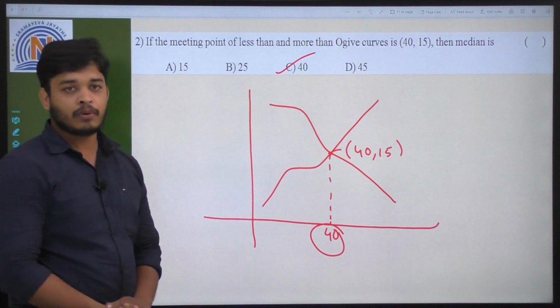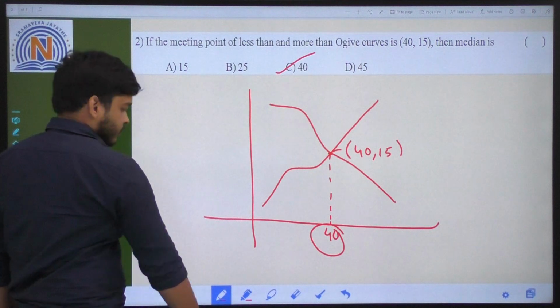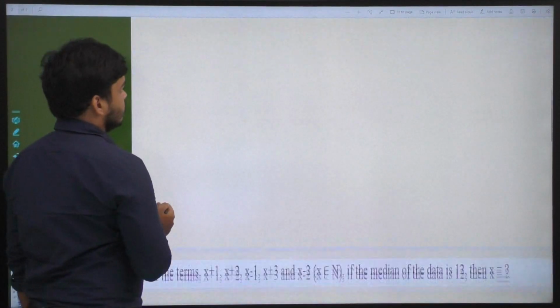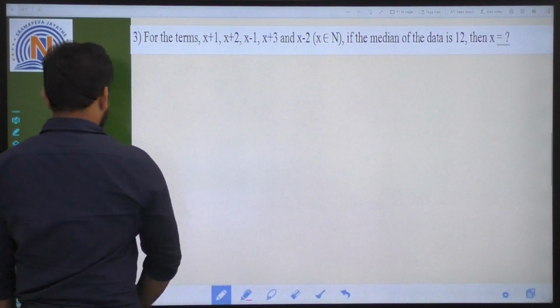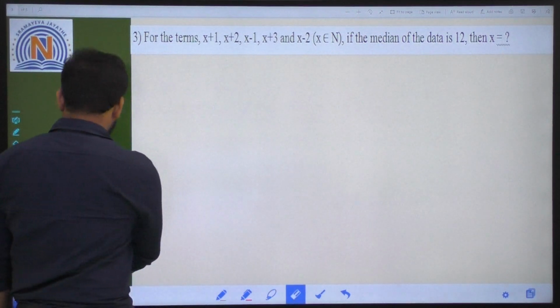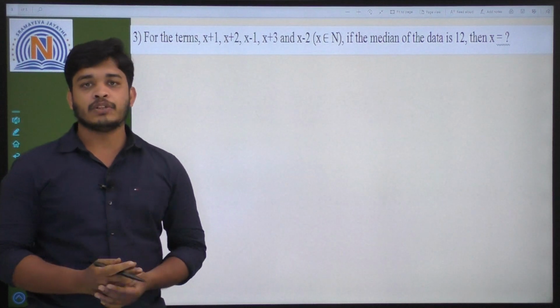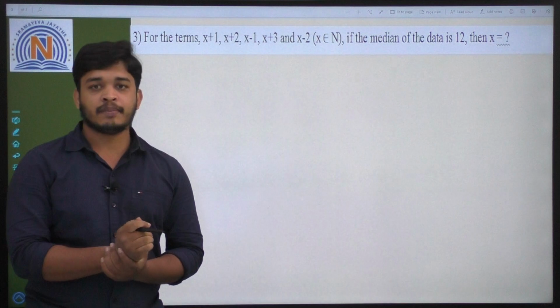Now coming to the next problem. Here some terms are given: x plus 1, x plus 2, x minus 1, x plus 3 and x minus 2.